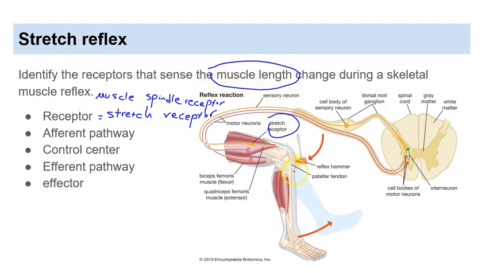By tapping on the tendon and quickly stretching the length of the muscle, these receptors can send signals through the afferent pathway, which is the sensory neurons.